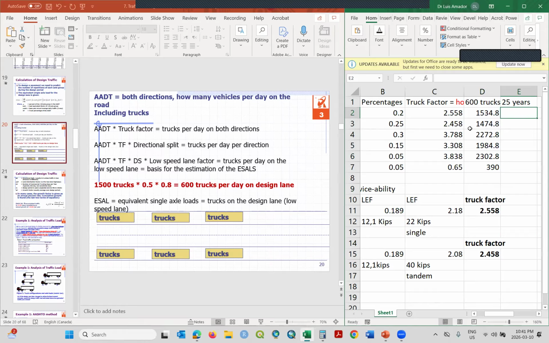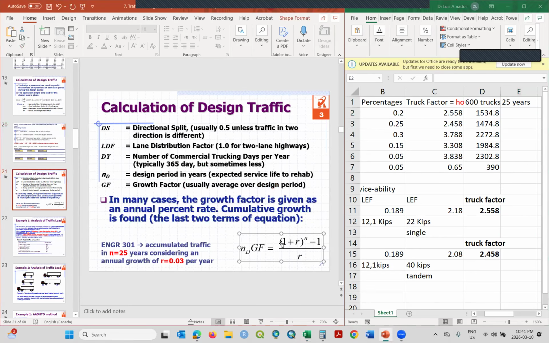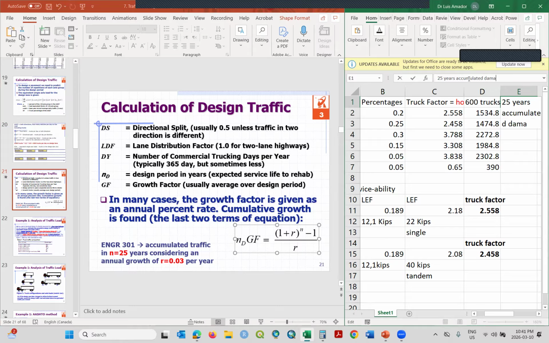Now, these 25 years, as I was explaining here, we need to get how many times is the accumulation of 25 years of damage. So I am after 25 years accumulated damage.